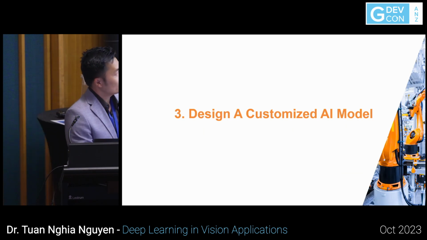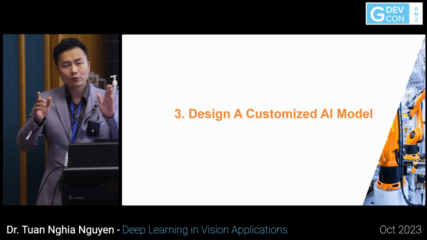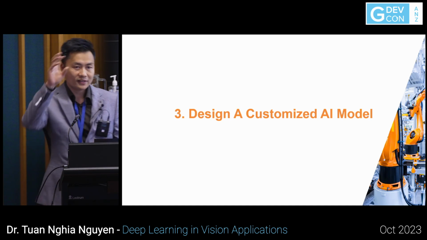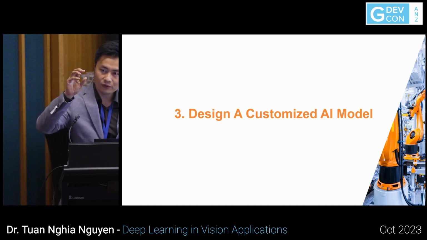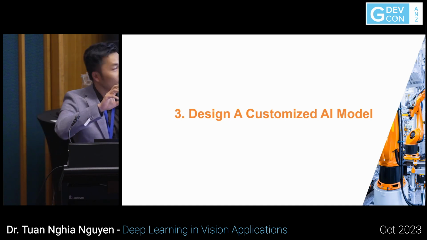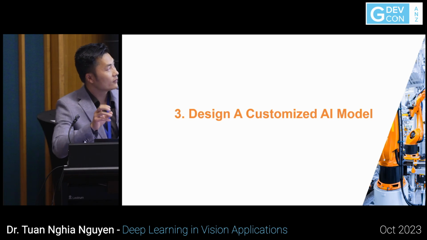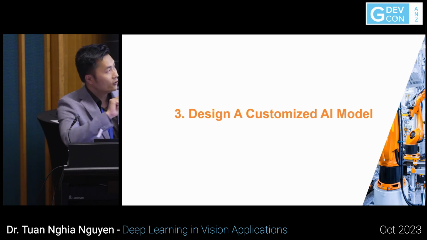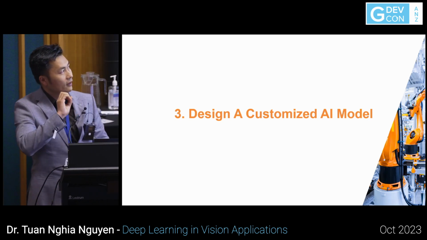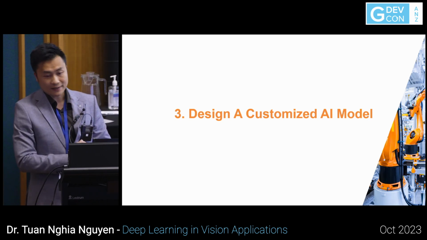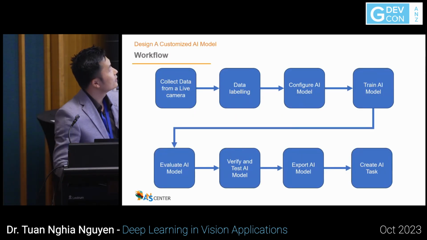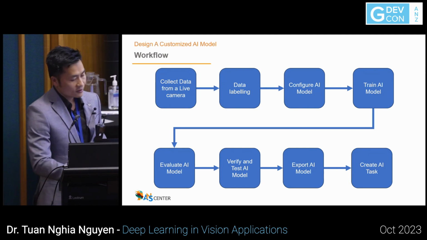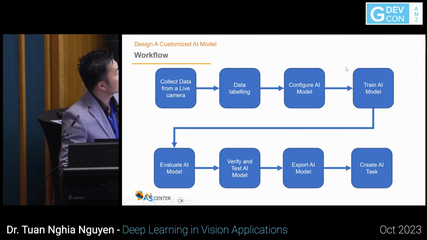So, coming back to the case study. Now we have the surveillance camera, right? We want to capture all the images and form the database, the data set, and then use the tool that we designed to do the labeling and provide AI training on that. So this is the workflow of designing any customized AI model.